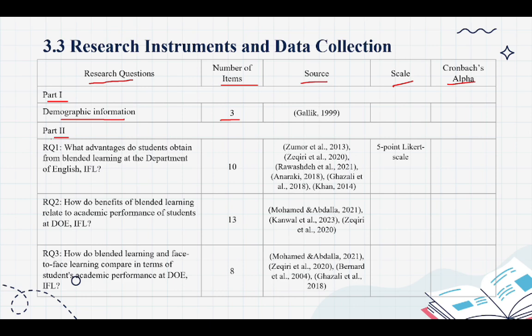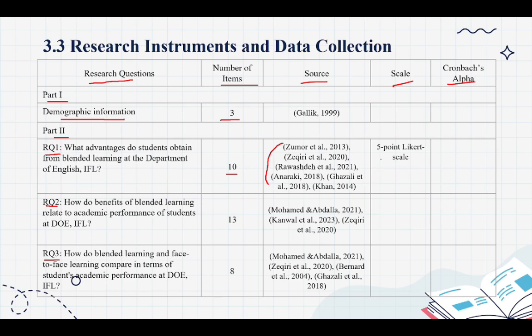And moving to the next part, the second part of the research instrument. The second part represents the three research questions: the first research question, the second research question, and the third research question. For the first research question, we have 10 items to measure it. The items we adopted from the sources that you can see here.